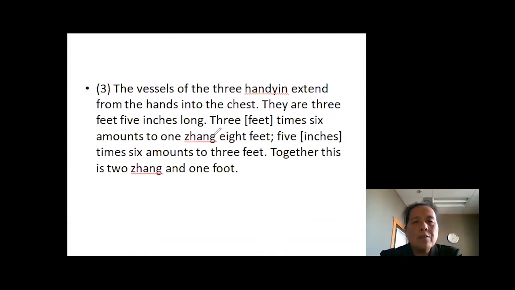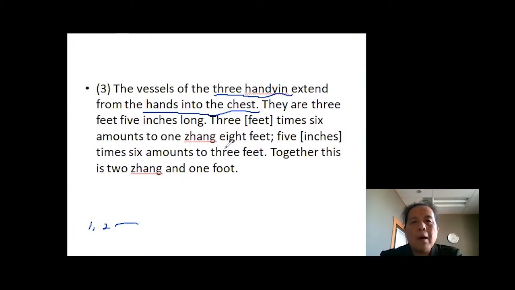Then we talk about the 3 yin meridians from the hand to the chest. They don't exactly follow the order right now. We put numbers there, and the numbers just help us remember more easily.